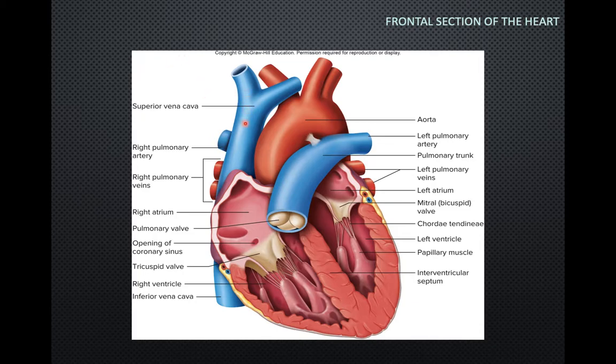Okay, so there's our superior and our inferior vena cava, our right atrium, our tricuspid valve, our right ventricle, our pulmonary valve, our pulmonary trunk out to the heart, our left atrium, our bicuspid valve, our chordae tendineae, you can see that there, but in our left ventricle, aorta, right pulmonary artery that goes to the lungs, and then right pulmonary vein, left pulmonary vein that brings oxygenated blood back from the lungs to the heart.